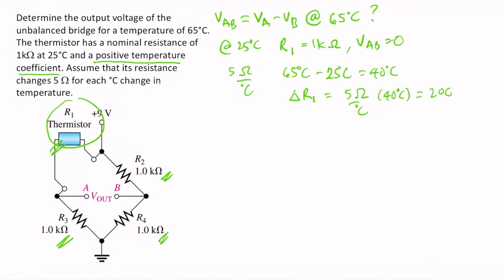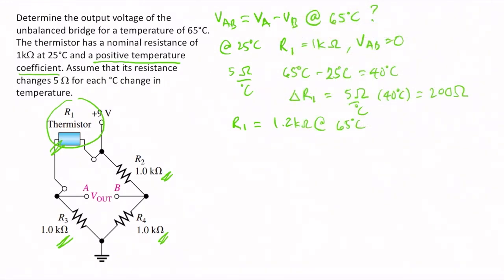So R1 changed by 200 ohms. This means that R1 is equal to 1.2 kilo ohms at 65 degrees Celsius.